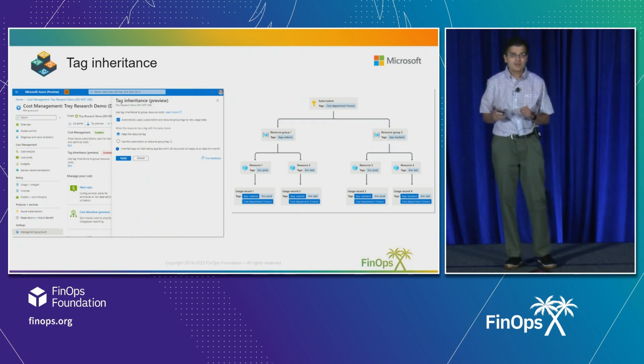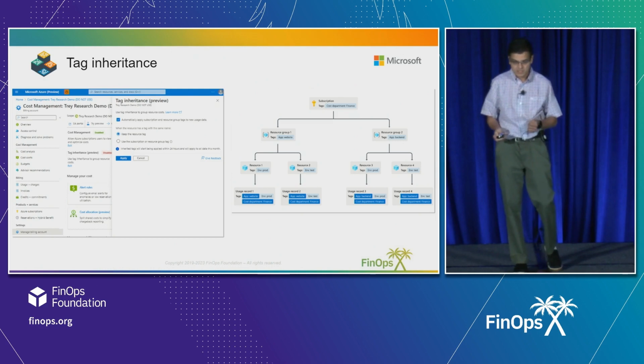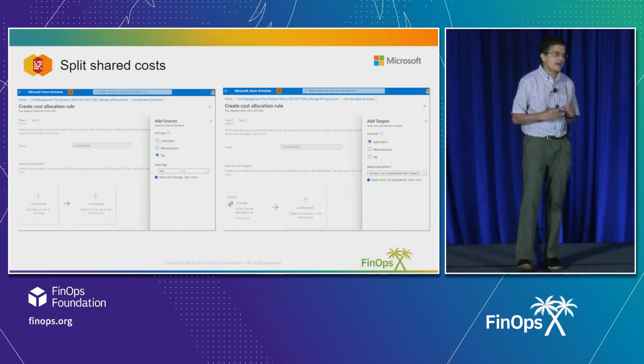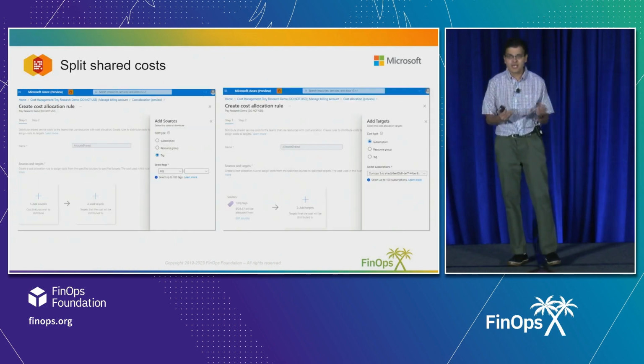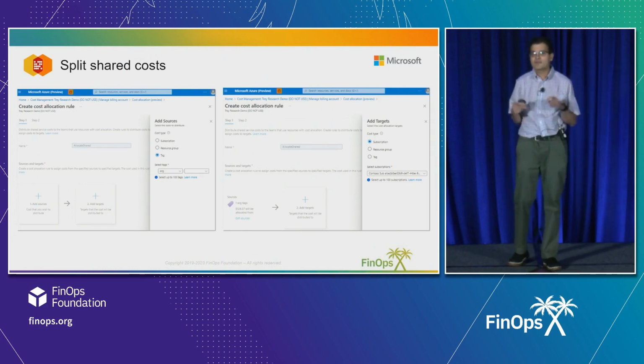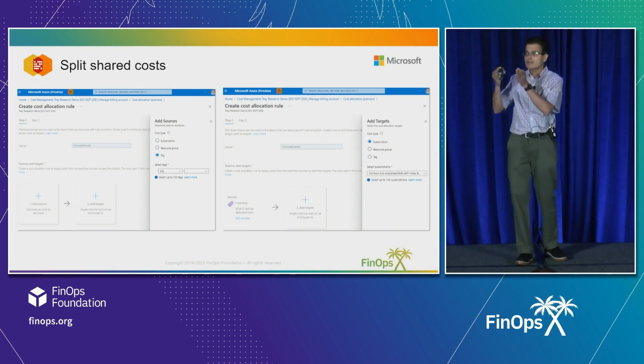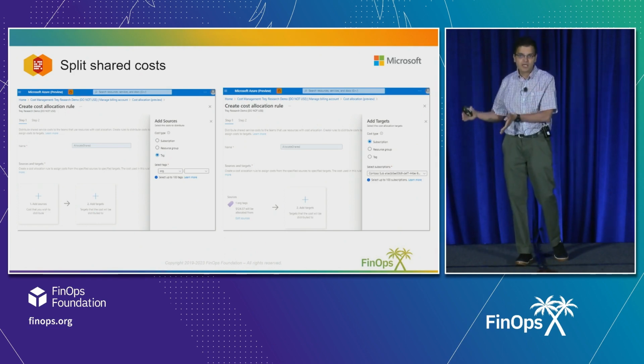Next, we'll go into allocating cost and how shared costs can be managed. One of the constructs that we have is how you split shared costs. There's a capability called cost allocation, which allows you to take costs from one container and reallocate it to another container.